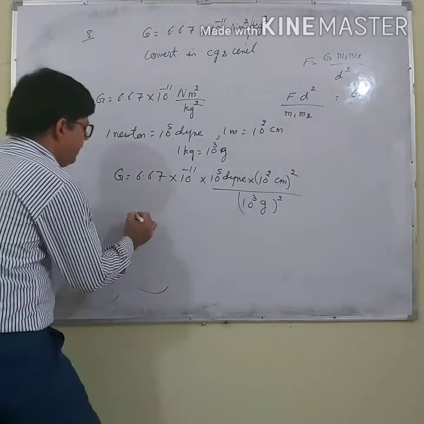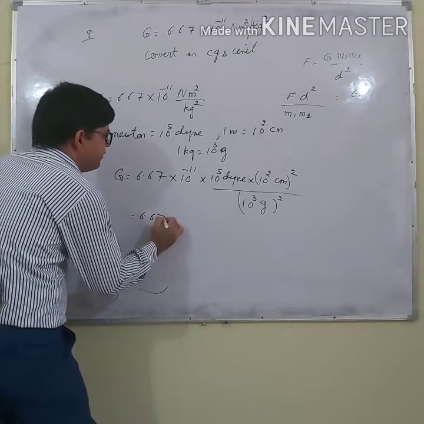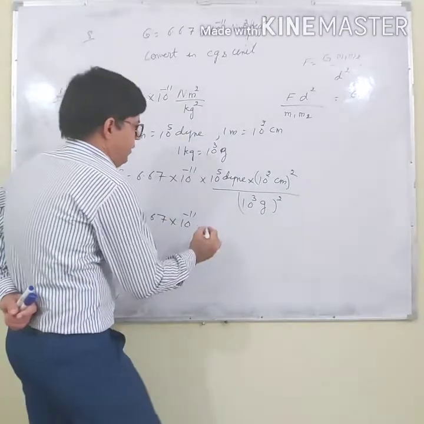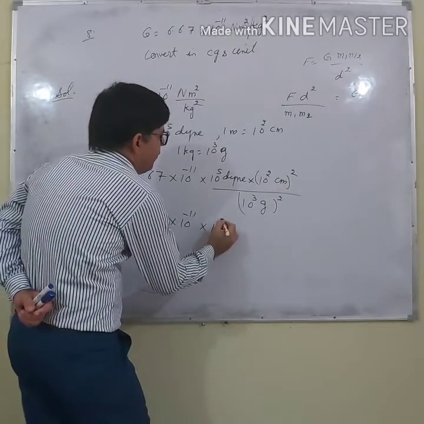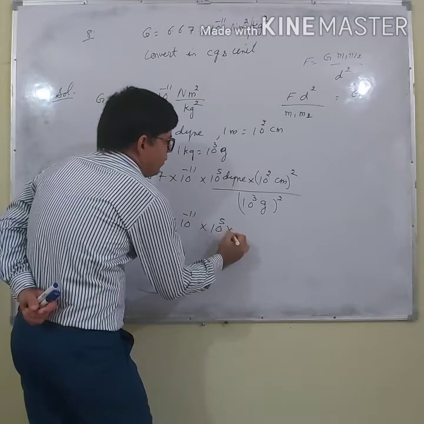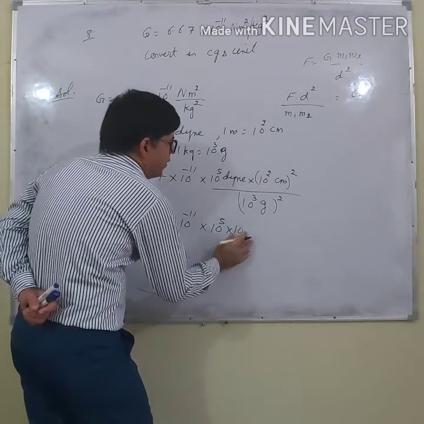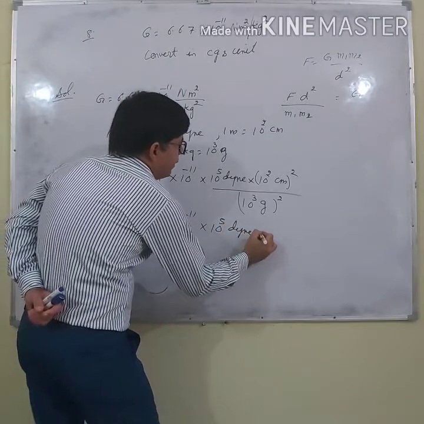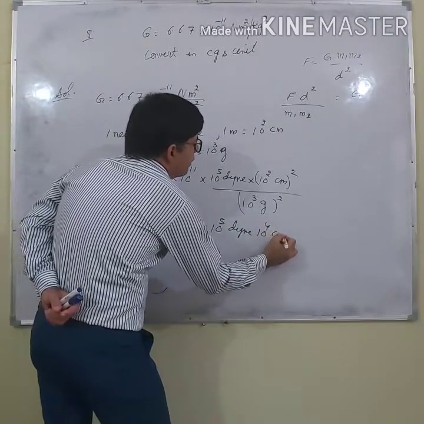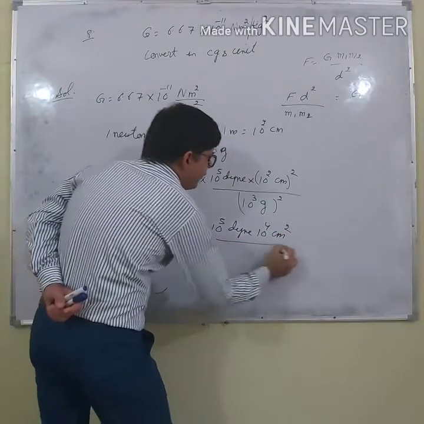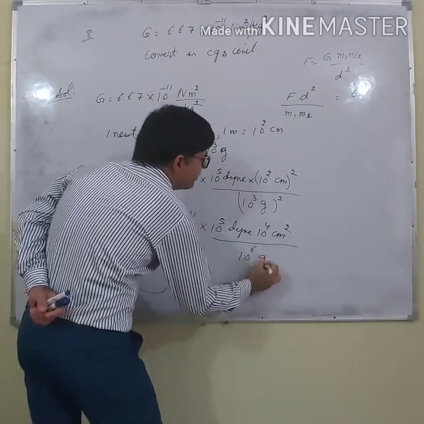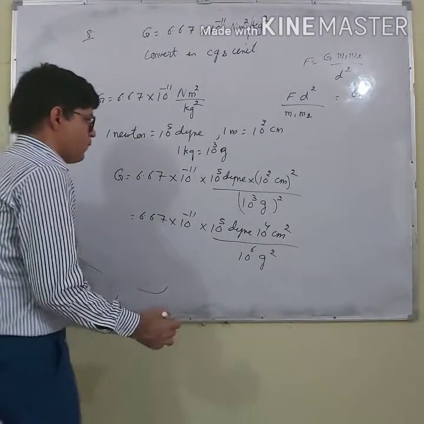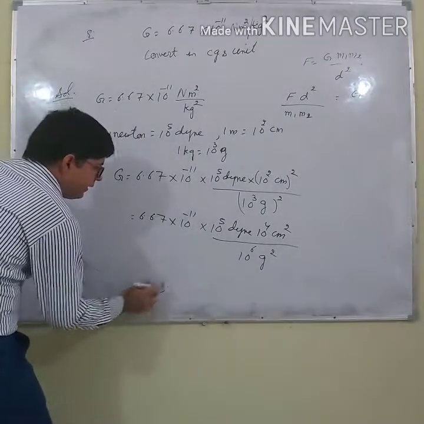So I can say that it is 6.67 10 to the power minus 11 multiply 10 to the power 5 dyne, 10 to the power 4 centimeter square divided by 10 to the power 6 gram square.